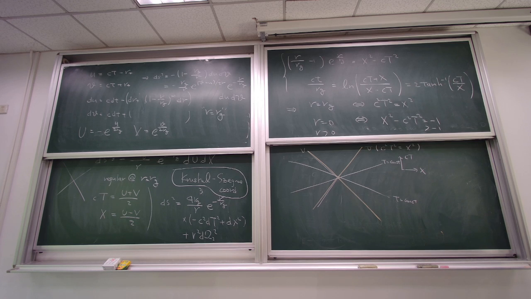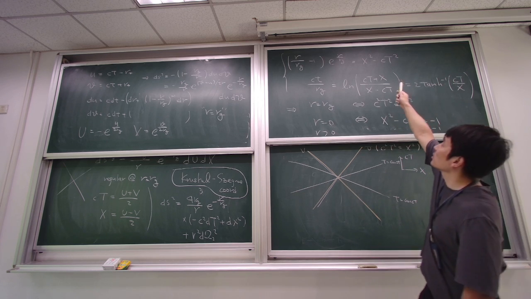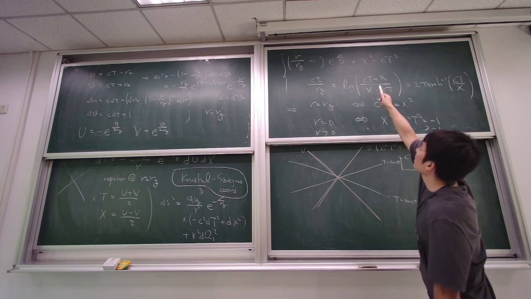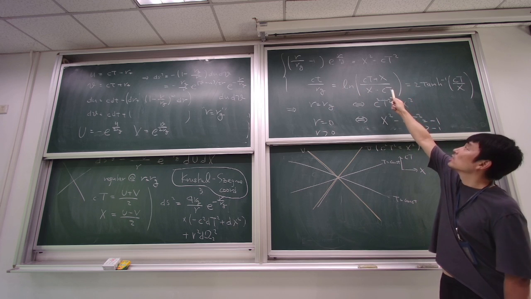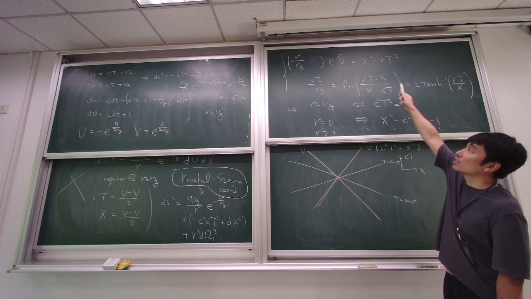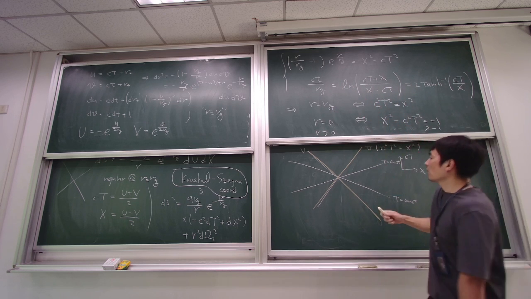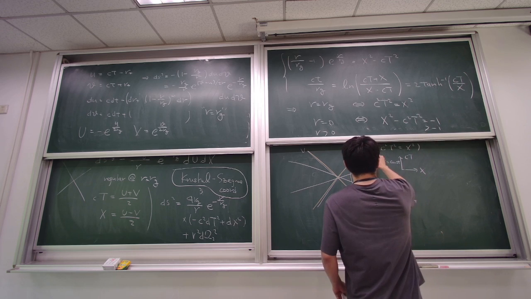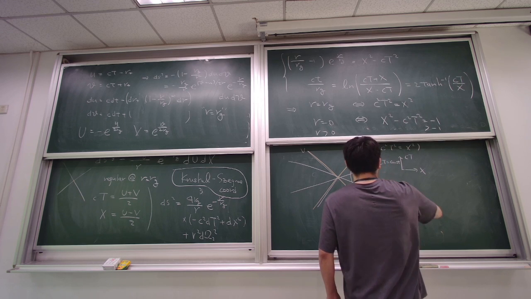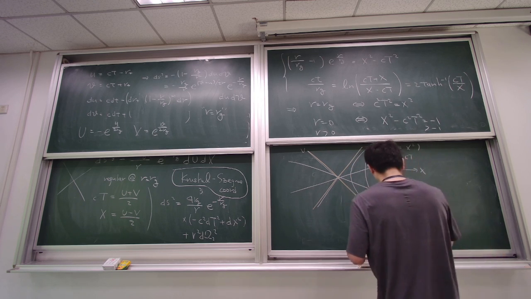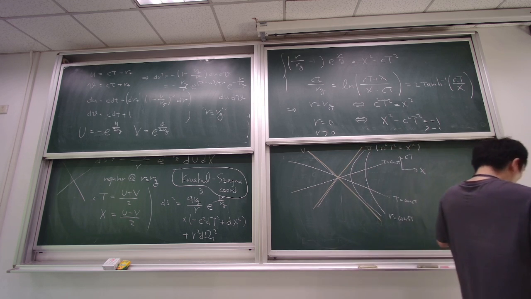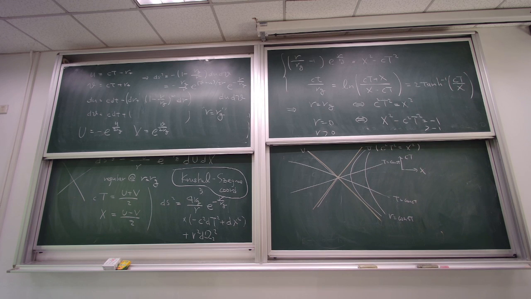On the other hand, when r is constant, the left hand side is constant, which means x squared minus c squared t squared is equal to constant. So therefore, r equal to constant is something like this, and so on. So those are the r equal to constant parts.